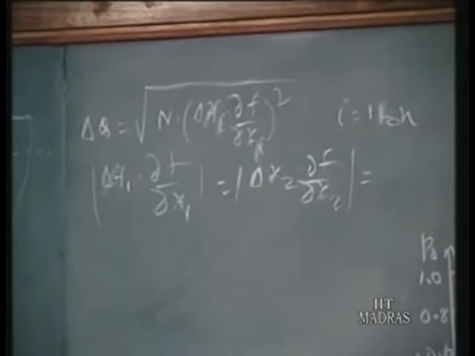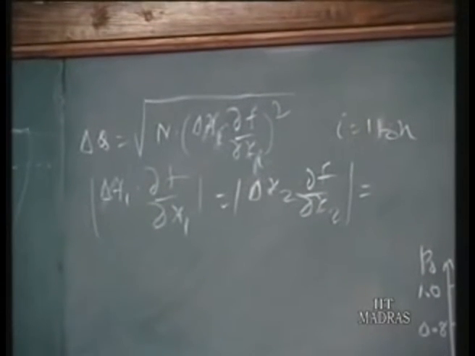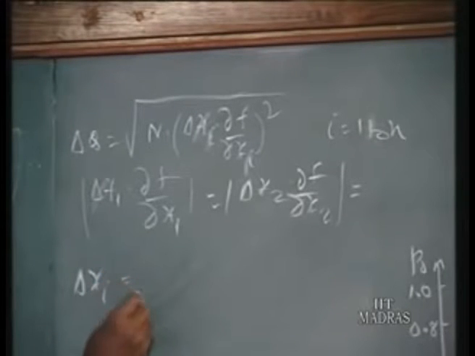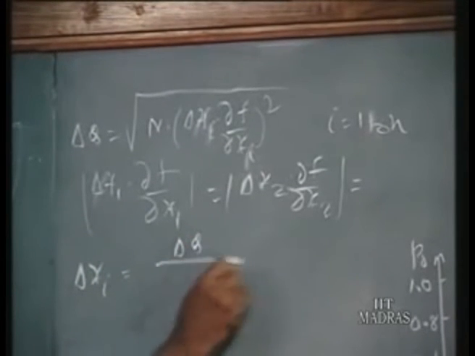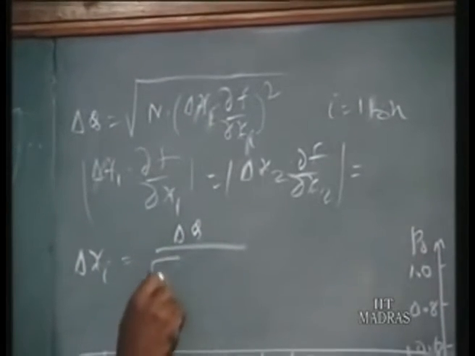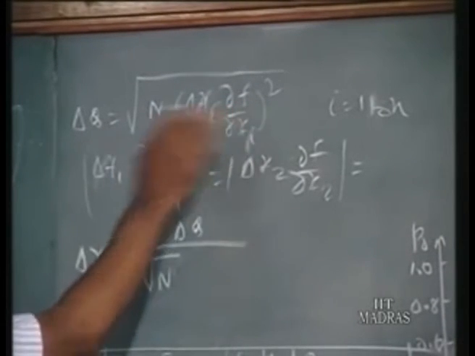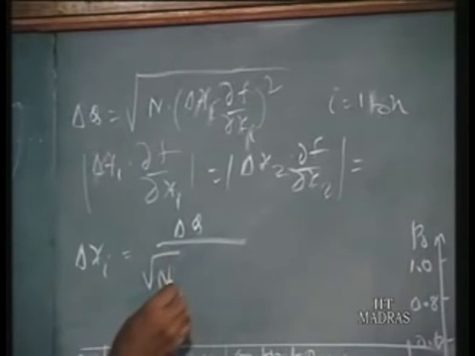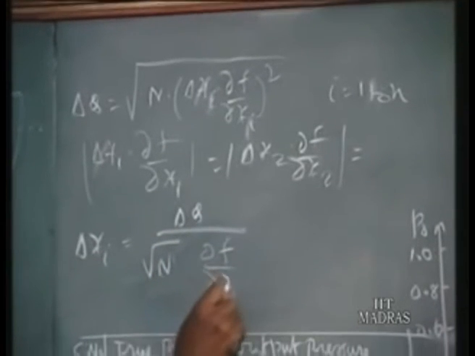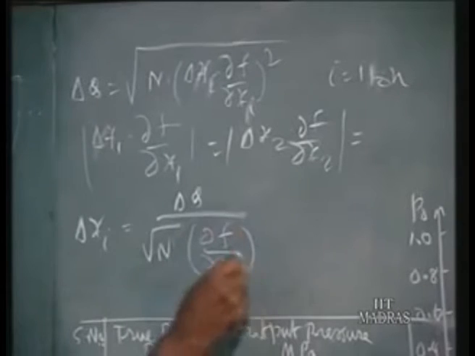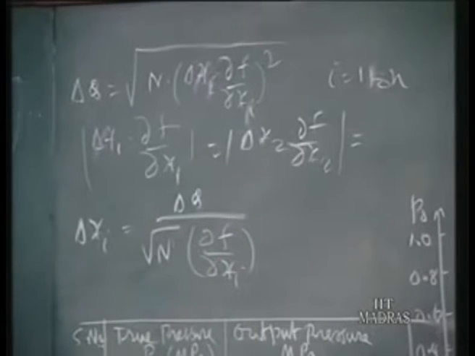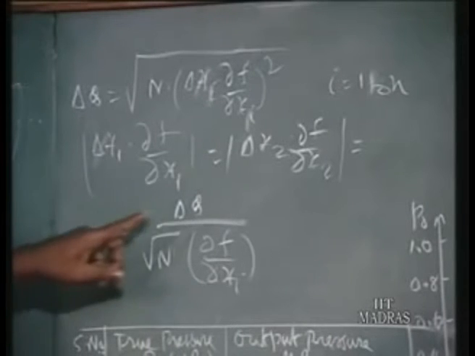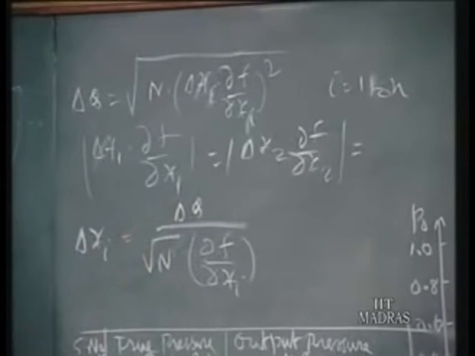Then we can find out what should be the delta xi. So delta xi is equal to delta q divided by root n. This root n comes because the square will be under the square root, it will be the same value, times mod dou f by dou xi. This gives the formula for selecting instruments for obtaining a particular error in the computed value.